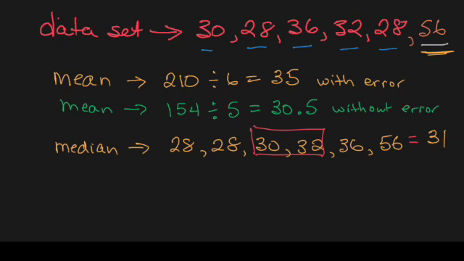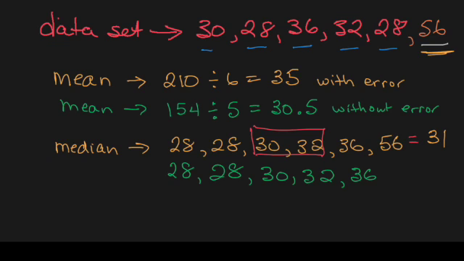Let's see what effect it has on the median if we exclude the outlier. So let's rewrite our data set, excluding the outlier, as 28, 28, 30, 32, and 36.